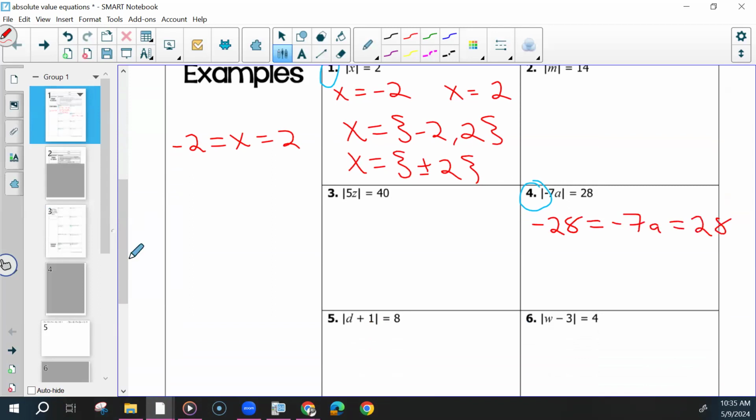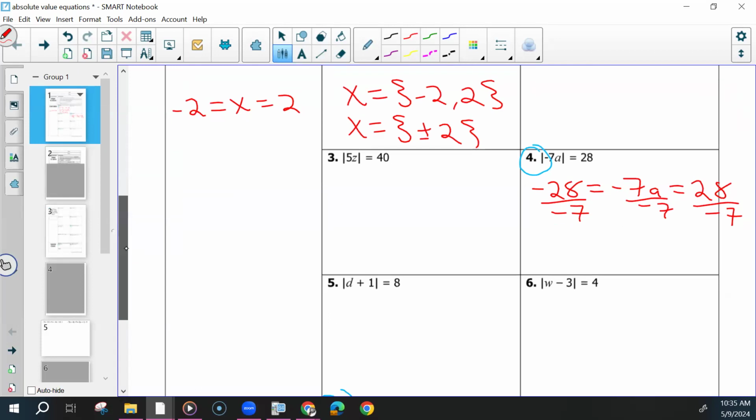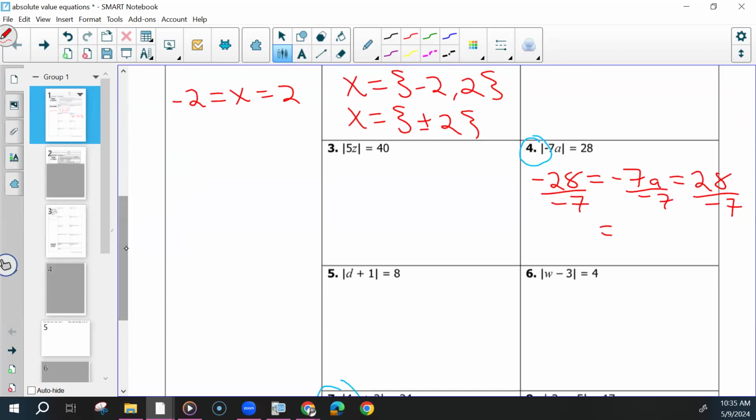Drop the absolute value signs. Solve for a by dividing everything by negative 7. What would a equal? And so one's going to be positive 4. The other one's going to be negative 4. That won't always be the case, but these are simpler, which is why you have the same number twice.